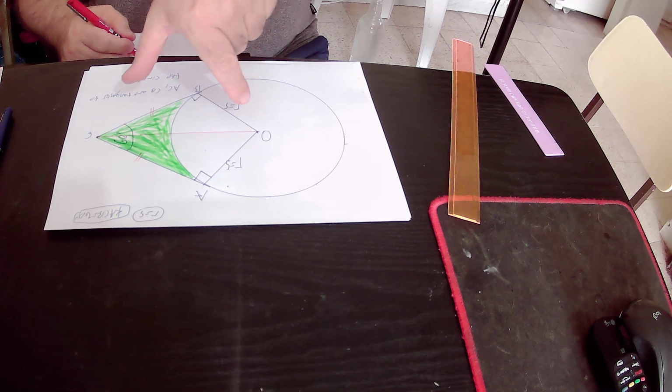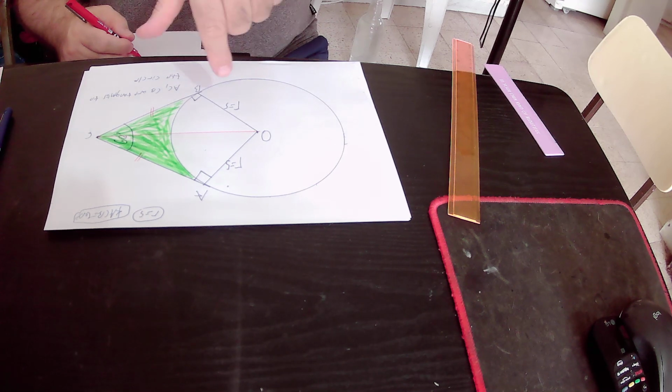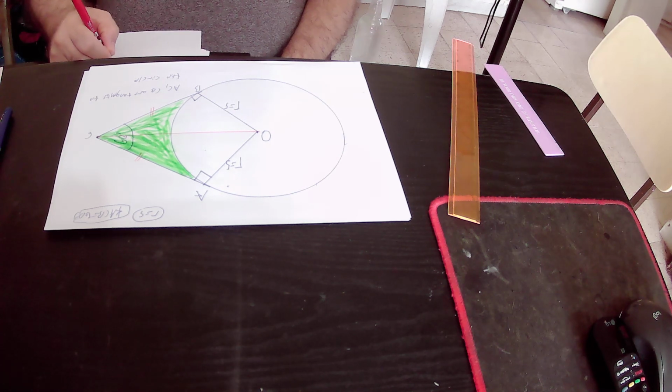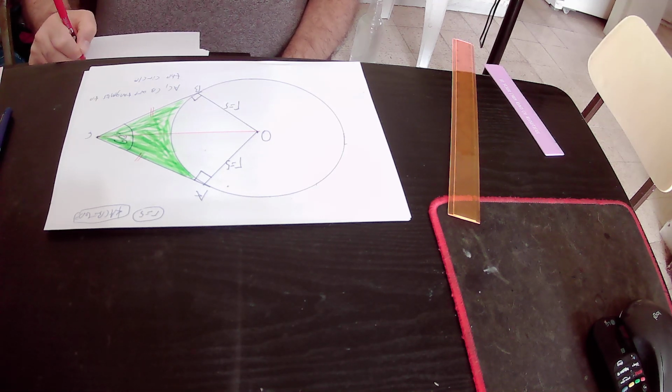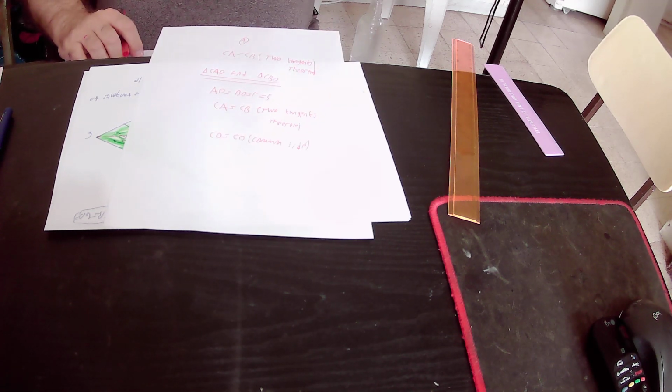The red line is a common side. So CO equals CO as a common side.